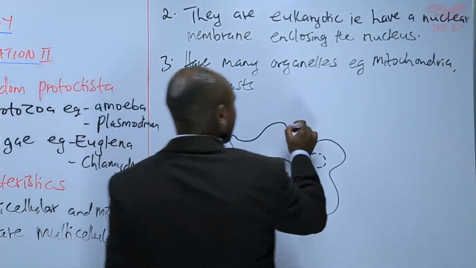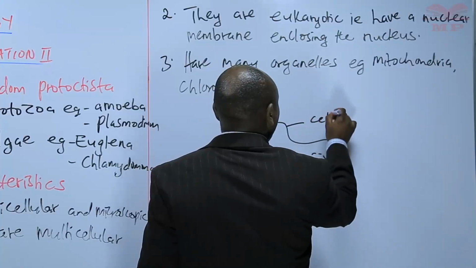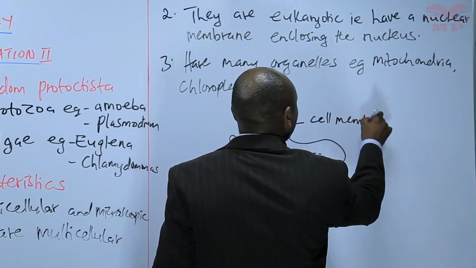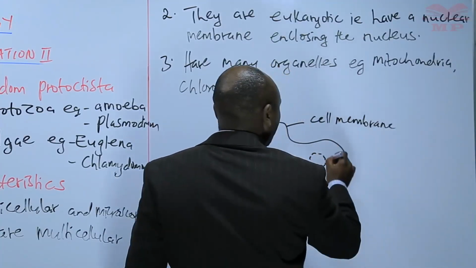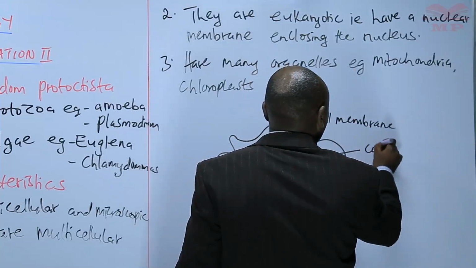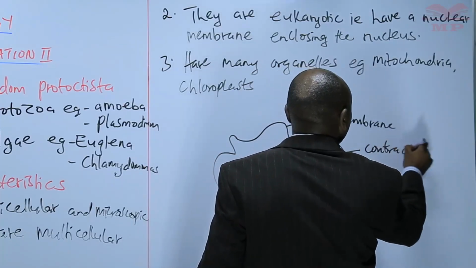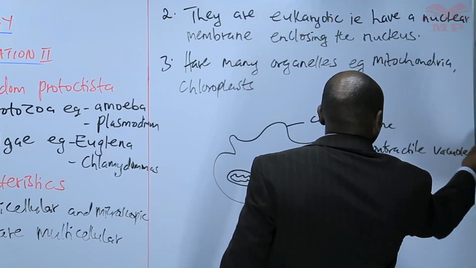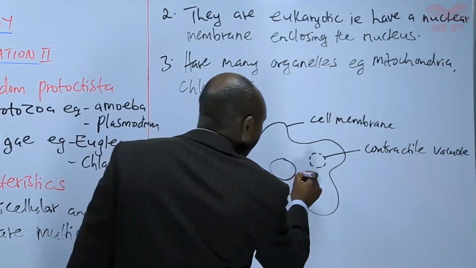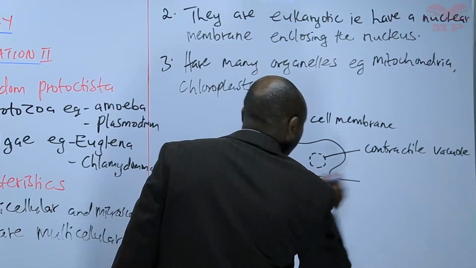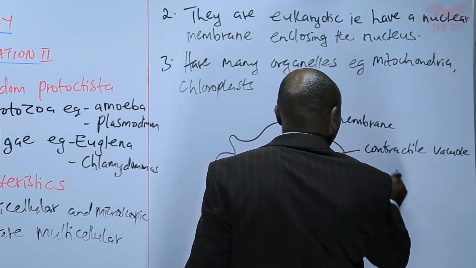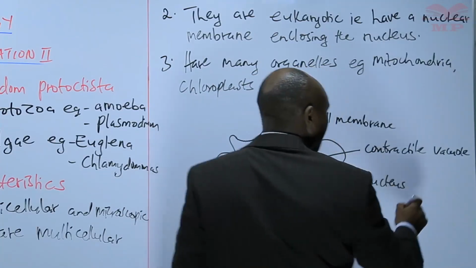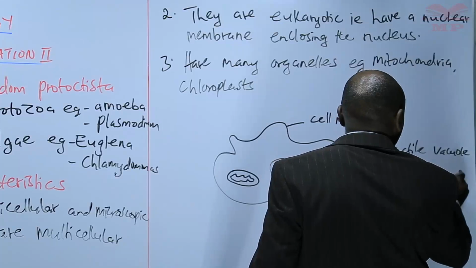So we can label this. This is the cell membrane. This is the contractile vacuole. The nucleus. And we are saying that the nucleus is membrane bound.